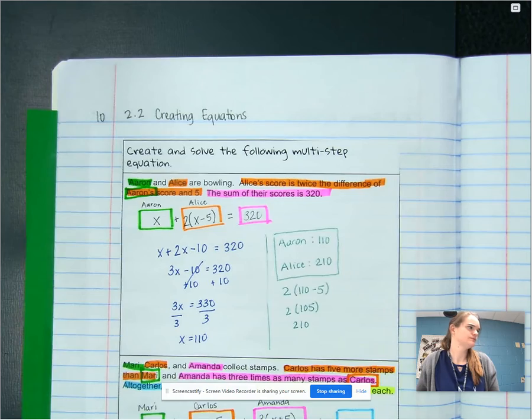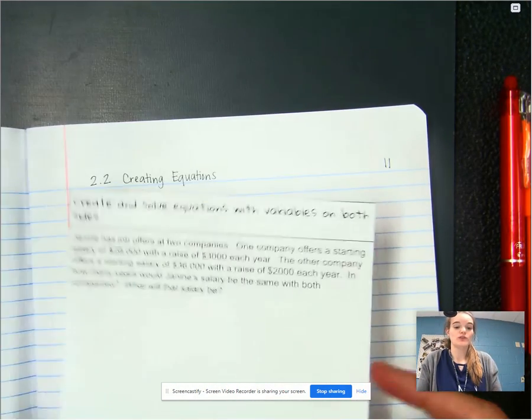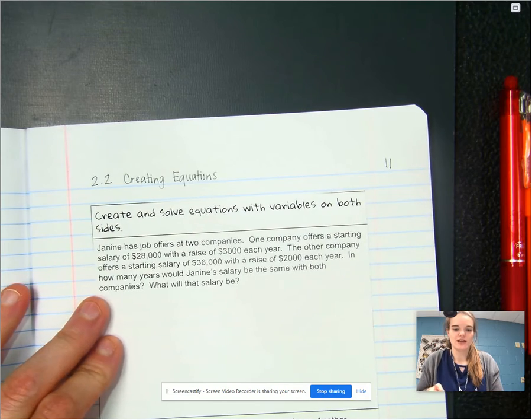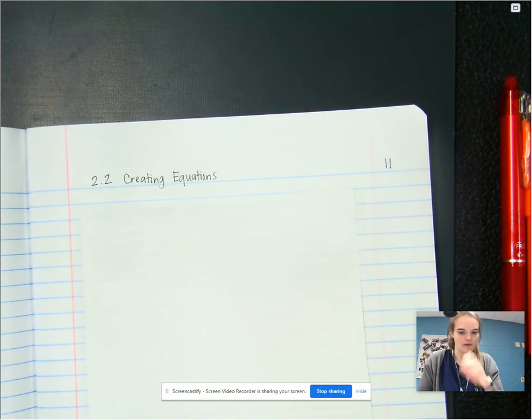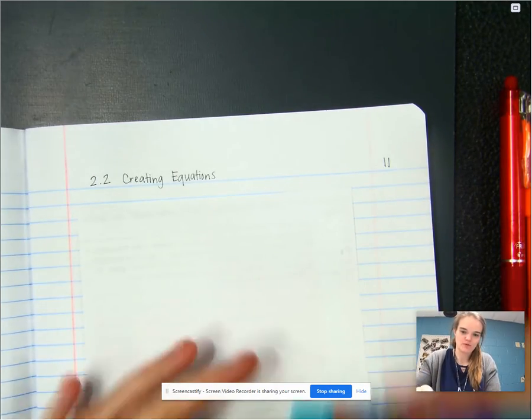Okay, there you go. Now, just so that we don't lose this, we're going to go ahead and glue this one on page 11. Of course, we're not doing this one until tomorrow, but it will dry before tomorrow.